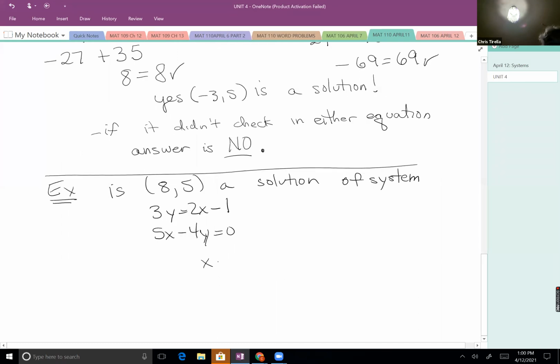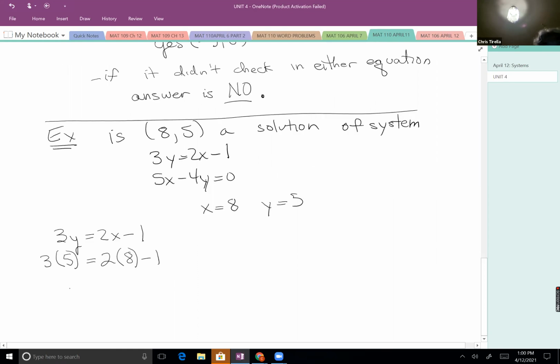So here we're checking x is 8 and y is 5. First equation, 3y equals 2x minus 1 would give me 3 times y is 5. Does that equal 2 times x is 8 minus 1? Well, that gives me 15 equals 16 minus 1. That one checks.